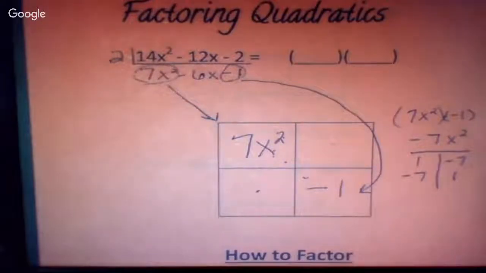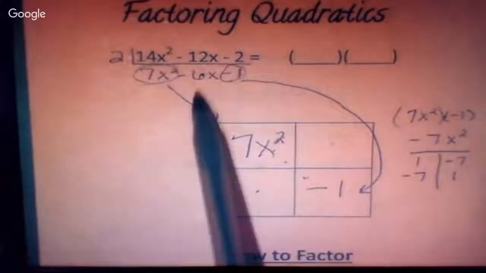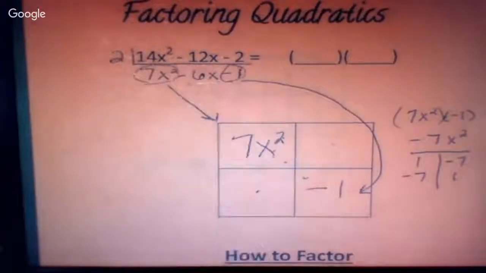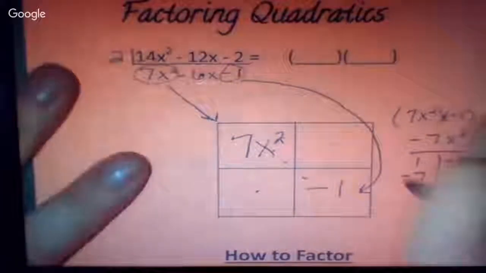Okay. Remember, it's a negative number, so one of your factors has to be a negative. Which ones can I put together that gives me this middle term of -6? Is it 1 minus 7 or 7 minus 1? Sorry, I wrote the same thing twice.